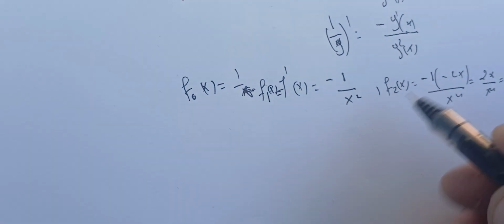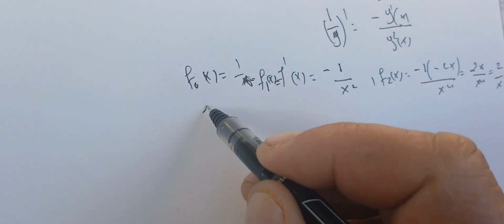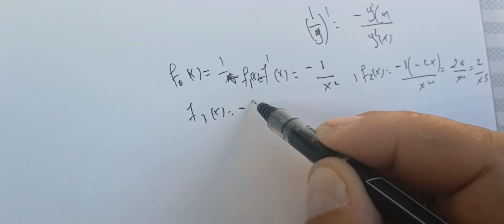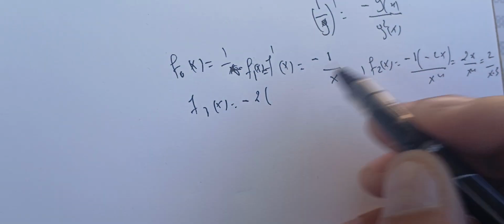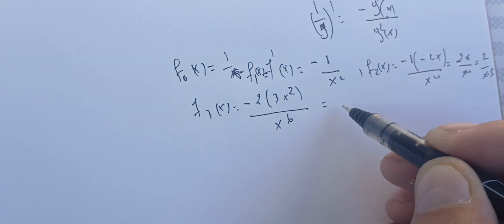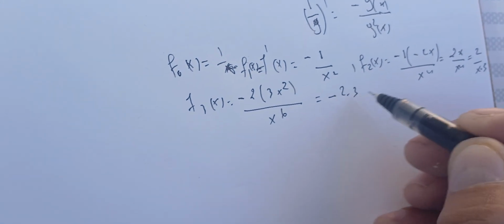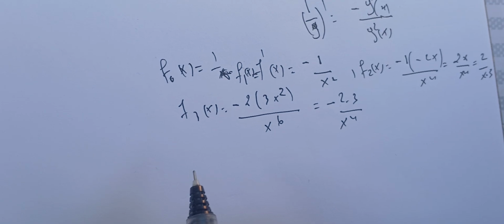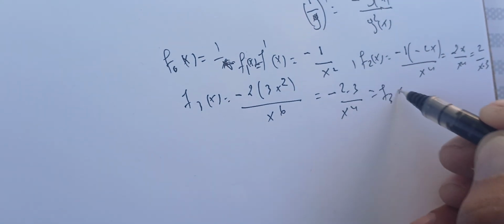Okay, if I keep doing it, I'm going to get f3 is minus 2, the derivative of x cubed is 3x squared, over x to the power 6. I can do minus 2 times 3 over x to the power 4. Okay, and this is f3 of x.